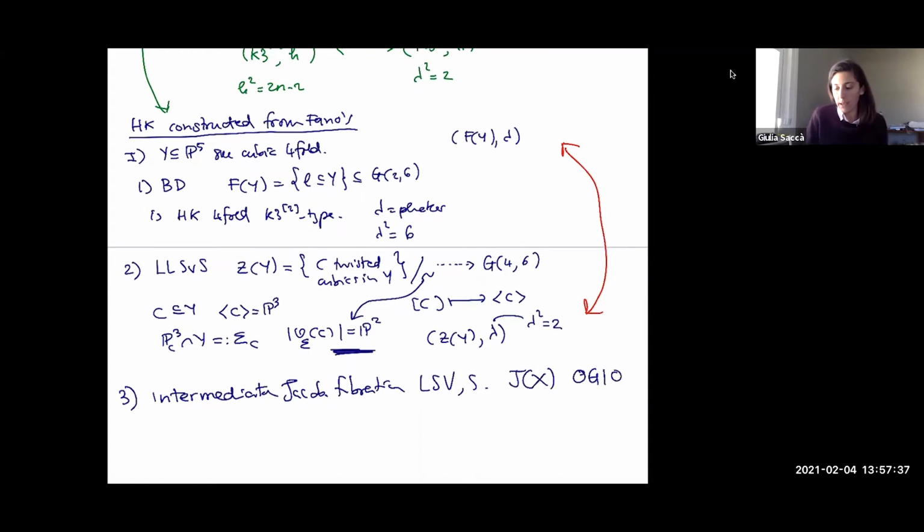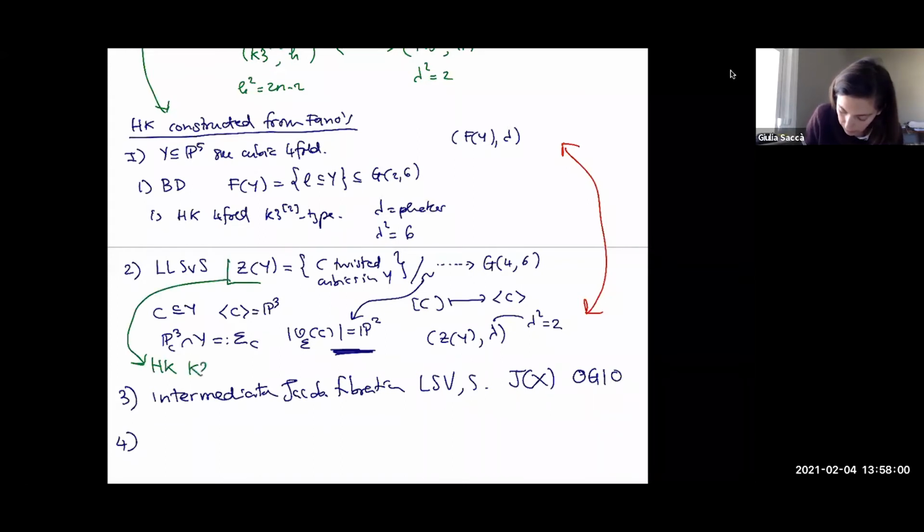And in fact, this is a codimension 2 family. So we're not interested in this from this point of view. What is a convenient way of generalizing both the Beauville-Donagi Fano 4-fold and the Lehn-Lehn-Sorger-van Straten 8-fold? Sorry, I didn't say this is a hyperkähler 8-fold of K3^[4] type.